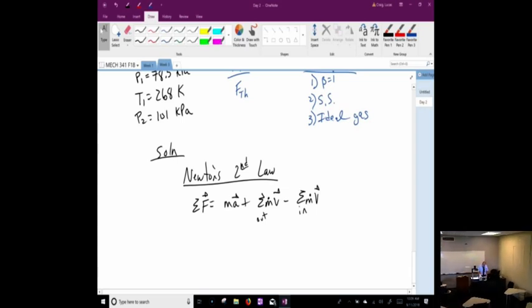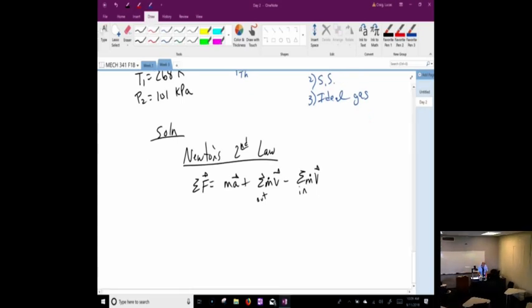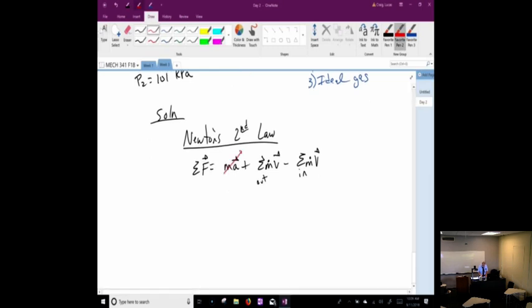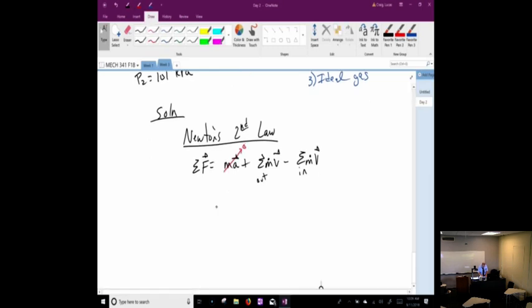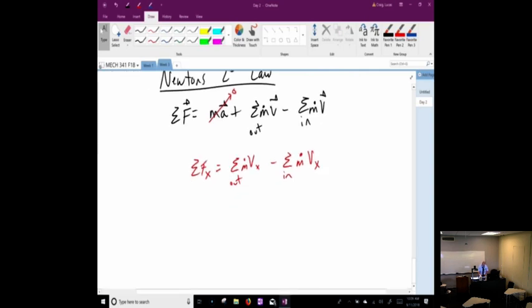All right, so we only have to worry about the x direction, and this thing isn't moving, so that's garbage. So I'm just going to write this, and we'll talk about it. Would it be V2x and V1x?